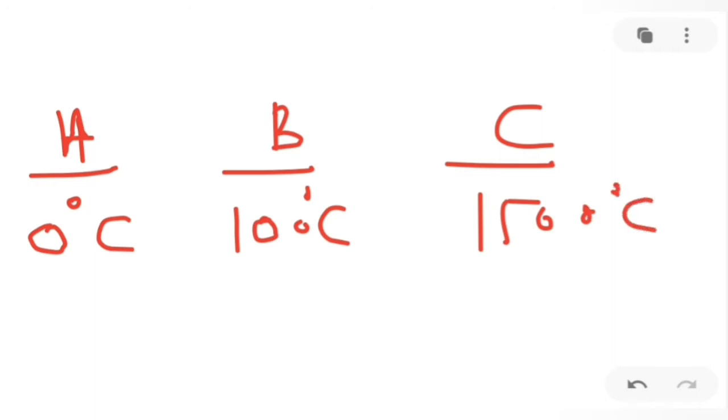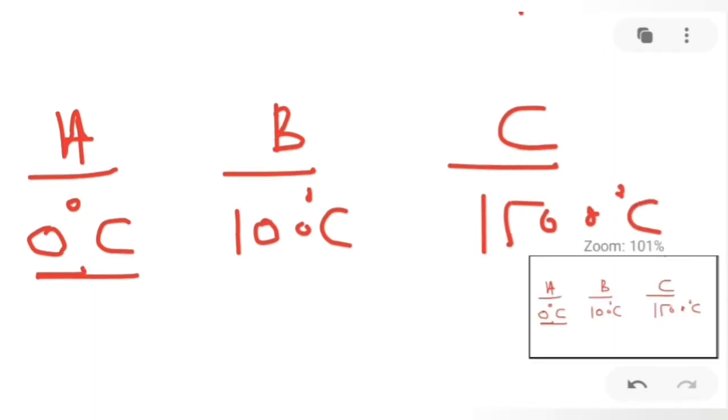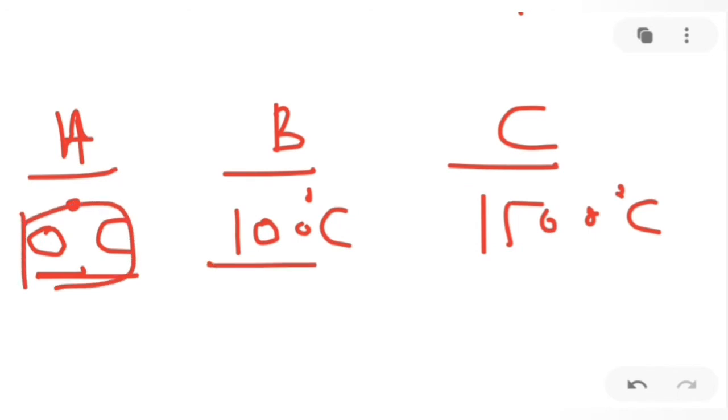So here the temperature is less, here more temperature is required to change it into liquid, and in the third case a very large amount of heat is required to change it into liquid.